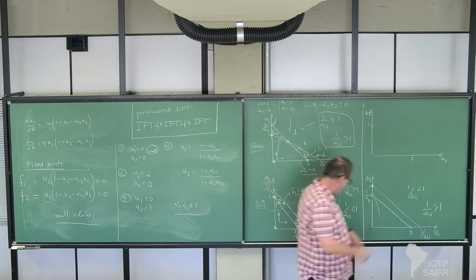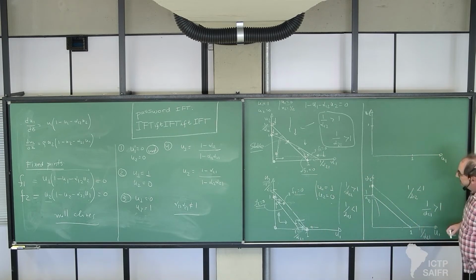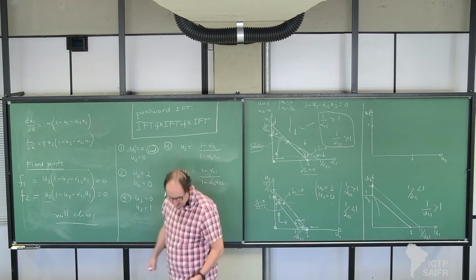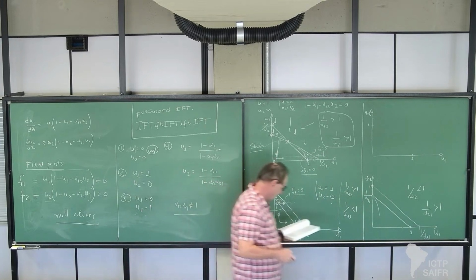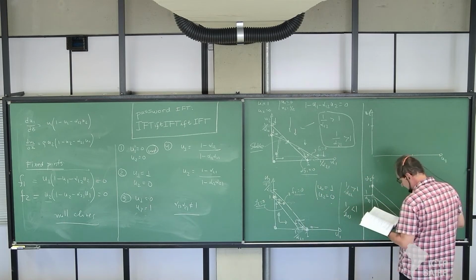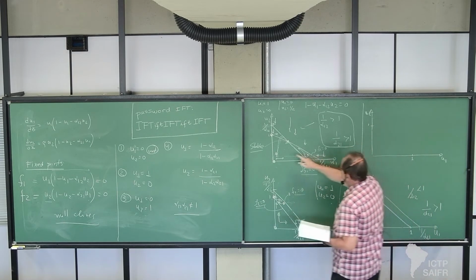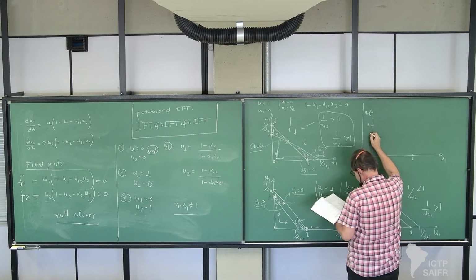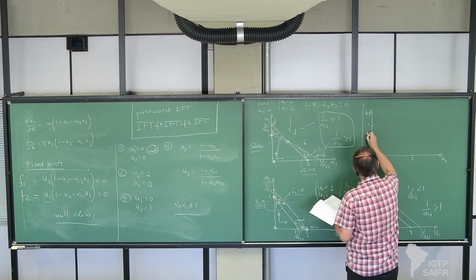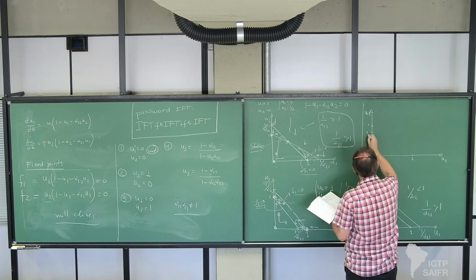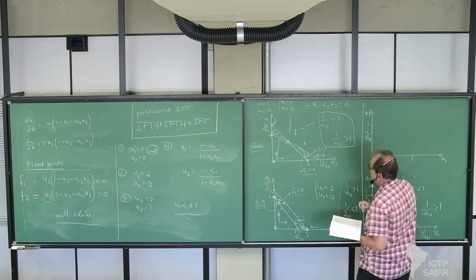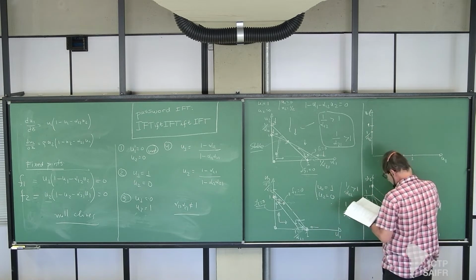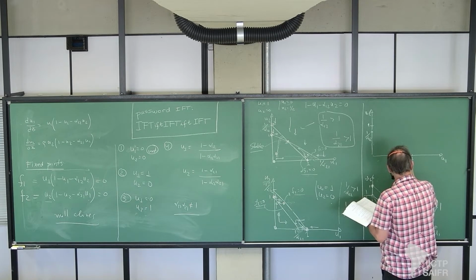Well, then there's a fourth one, but we won't have time to discuss it fully, and I leave it for you. In this case, I had something like that: 1 over alpha 1,2, and I put 1 here, 1 here, 1 here, and 1 over alpha 2,1.